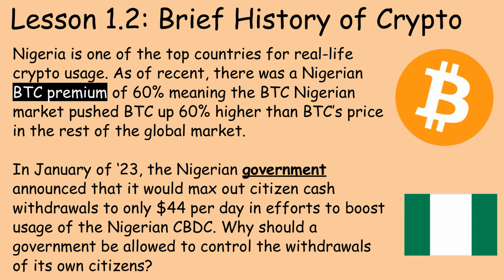Because of that, it's very hard to take away that incentive, especially when a government randomly imposes such laws, for example, limiting cash withdrawals for the sake of forcing people to put money into their central bank digital currency.